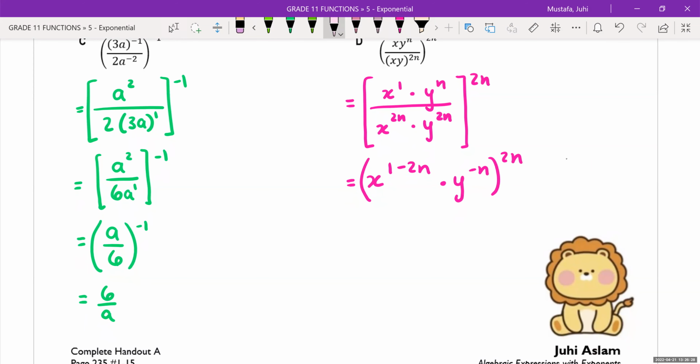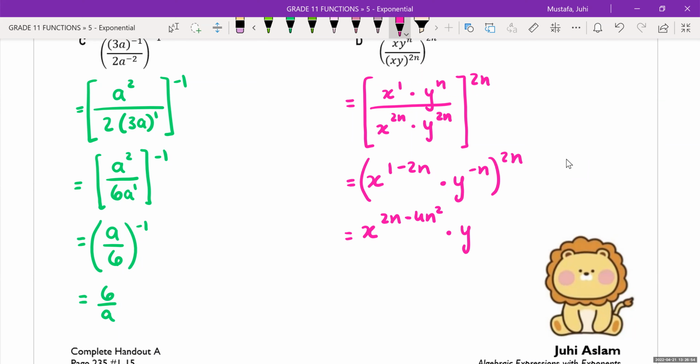Now that I've kind of simplified the inside of my bracket as much as possible, I'm going to take this 2n and I'm going to multiply it to this, and I'm going to multiply it to this. So when I do that, I'm going to get x to the power of 1 times 2n is 2n. Negative 2n times 2n is negative 4n squared times y.